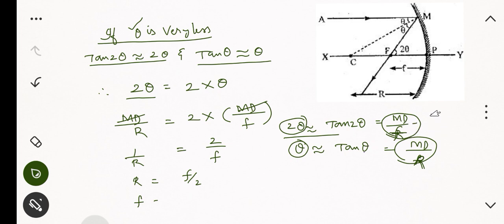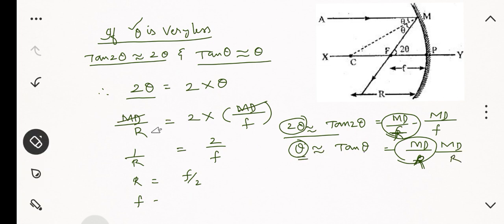We have to take MD by f. Here MD by R is equal to tan theta. So we will substitute the values here, and we will get the correct expression.